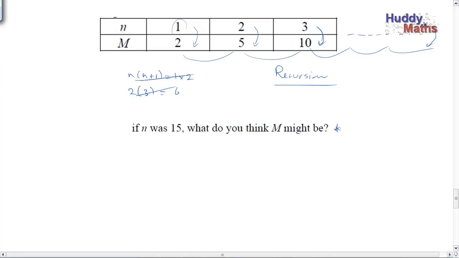What about powers? 2 raised to the 1 is 2. 2 raised to the 2 is 4. Okay, 2 raised to the 3 is 8. Well, 2 to the 1 is 2 works, but this one doesn't, and this one doesn't. So what can you do there? Is there another way of doing it?